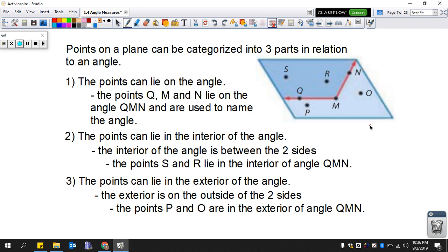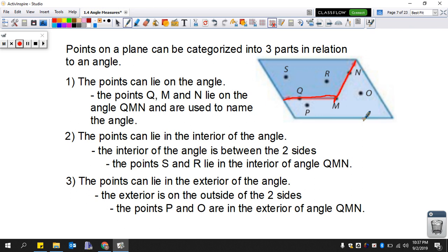The next thing we're going to talk about is how angles interact with the plane that they're on. In this case, we have this angle right here, angle NMQ, that is on this plane.